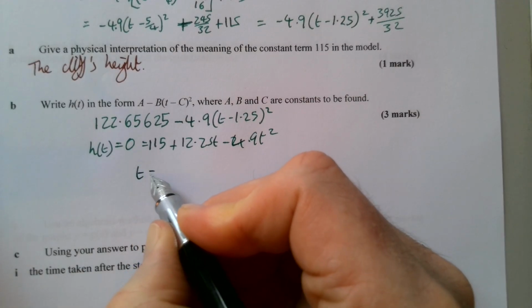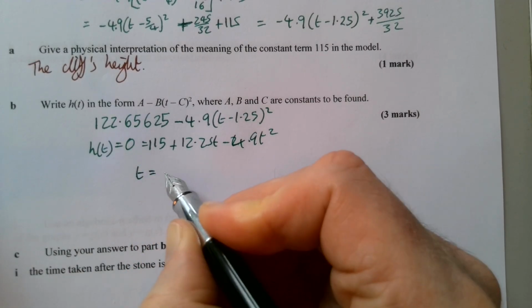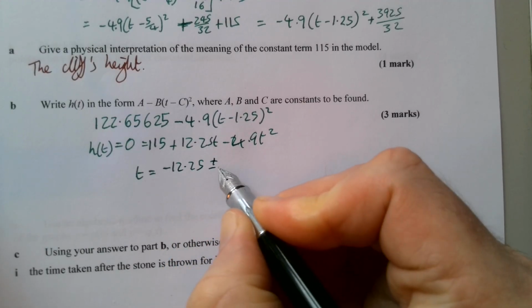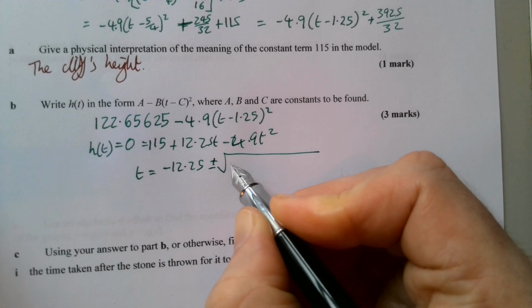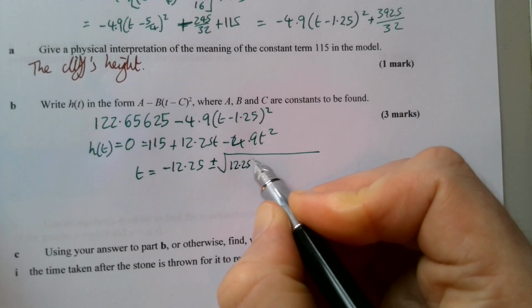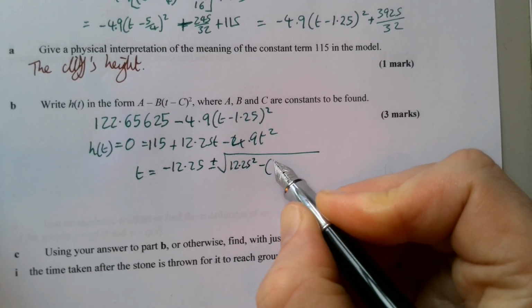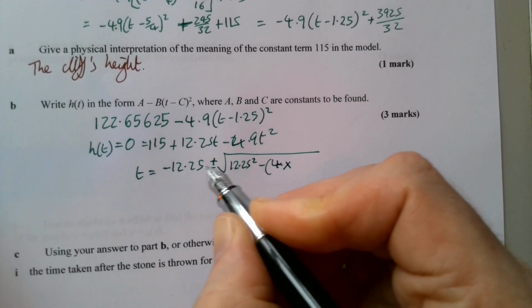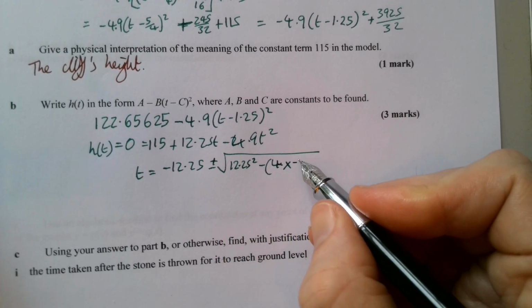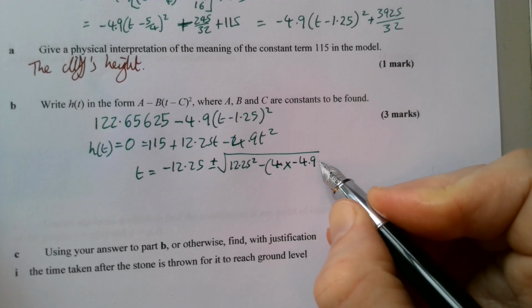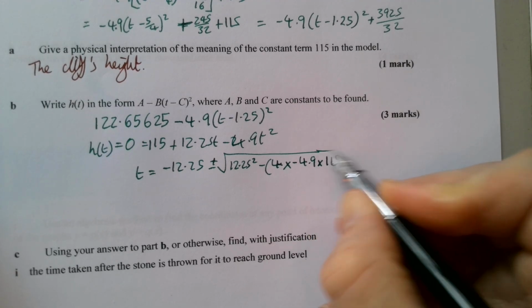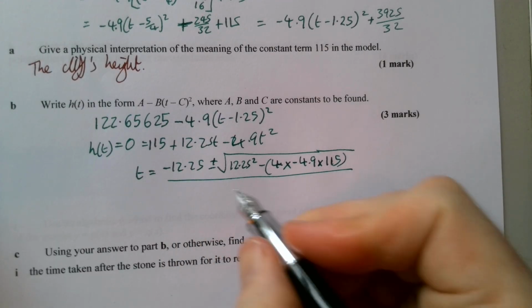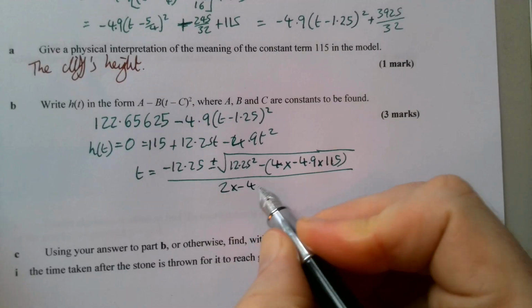And then it's just a case of using the quadratic formula. So t is going to be equal to negative b, so that's negative 12.25, plus or minus the square root of 12.25 squared, take 4 times negative 4.9 times 115, all over 2 times negative 4.9.